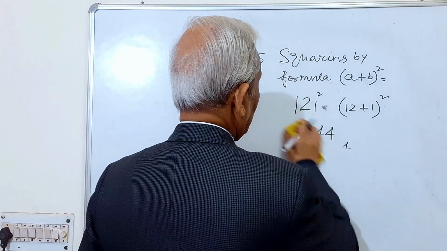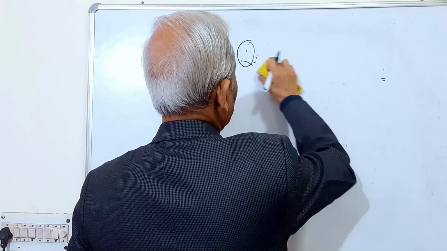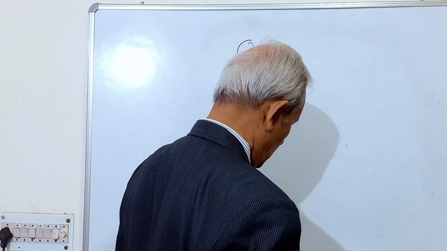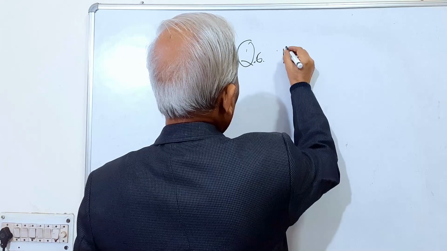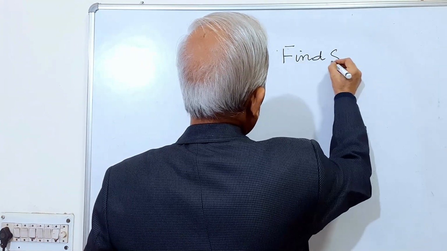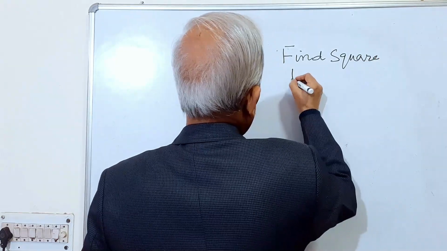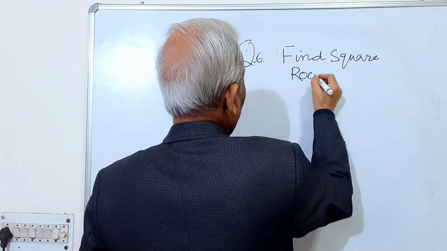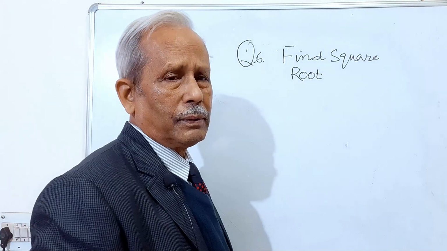Now here we are coming to our last question, question number 6. Here we have to find the square root. Find out the square root of these perfect square numbers.